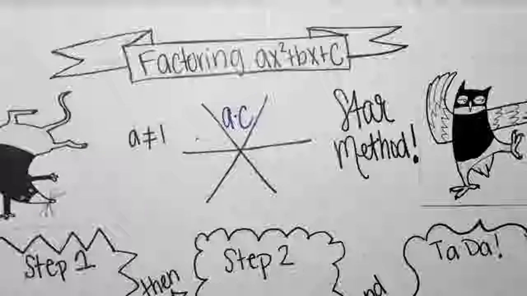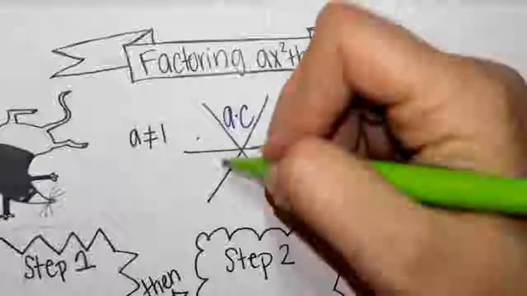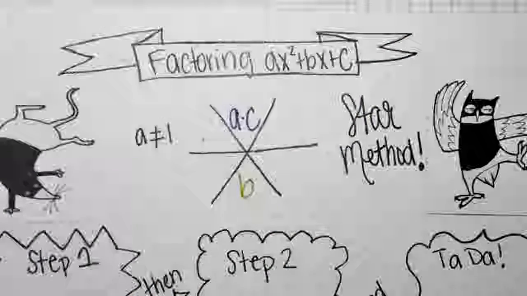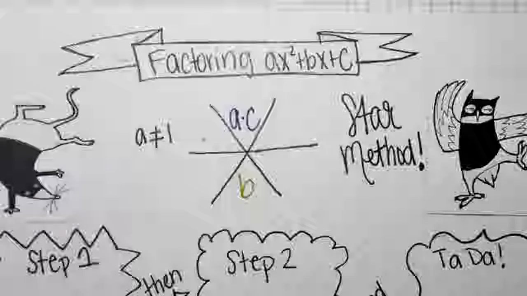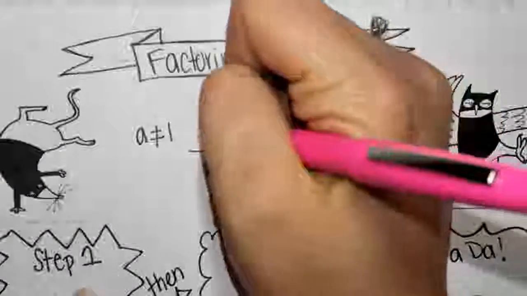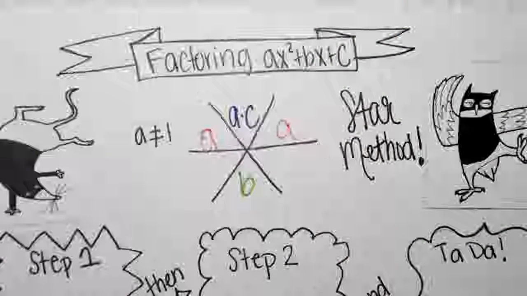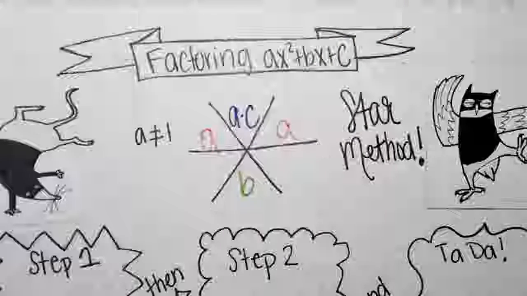On the bottom of your star, you'll write B. Here, you'll write A and A. And what do you think the last thing we put in our star is?